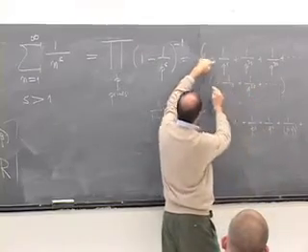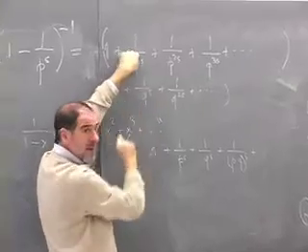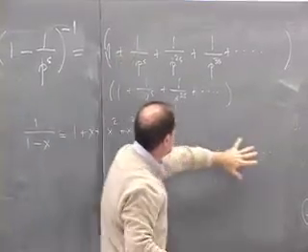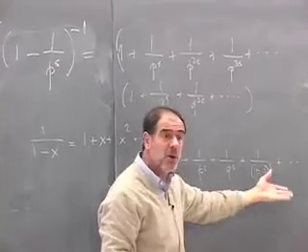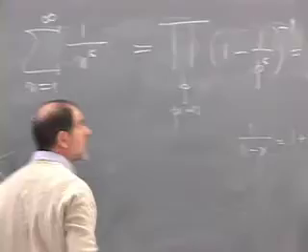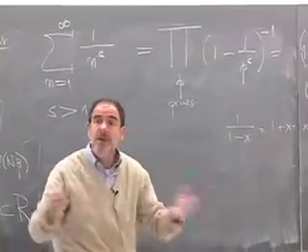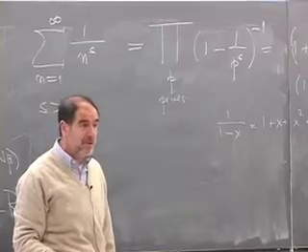Because here I'd have the 1 over p to the s, here I'd have the 1 over q to the s, and here I'd have the 1 over pq to the s. And if you multiply them out, you get all the numbers 1 over n to the s, where n only involves the prime factors p and q. But if I multiply all these things, I get all integers, because every integer appears with a unique prime factorization. And that was Euler's amazing observation.